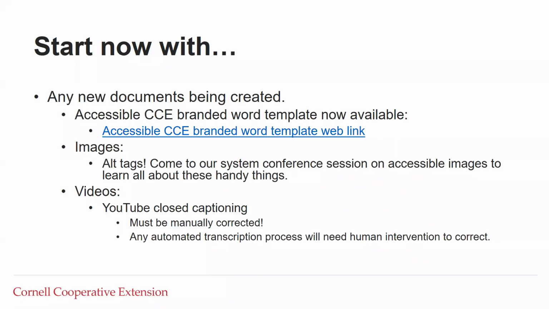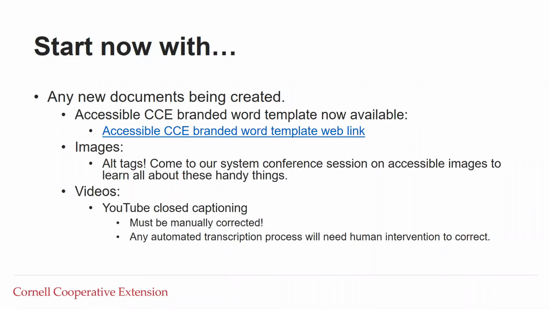Depending on the type of video, the clarity of the voices, if you have multiple speakers, there are a number of different factors that can get in the way of a very accurate machine transcription. So you need to go back in and correct those. And any automated transcription process, whether it's for videos or audio, anything that's done by a machine needs to have human intervention to correct. So there's some time investment involved in that, but it's generally not bad.